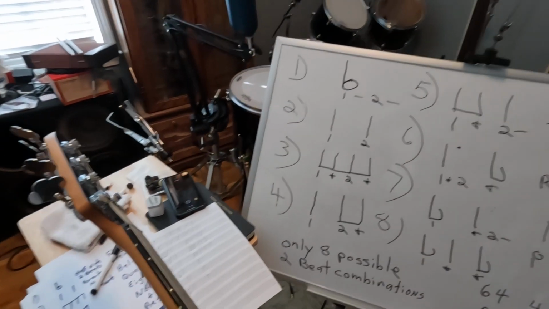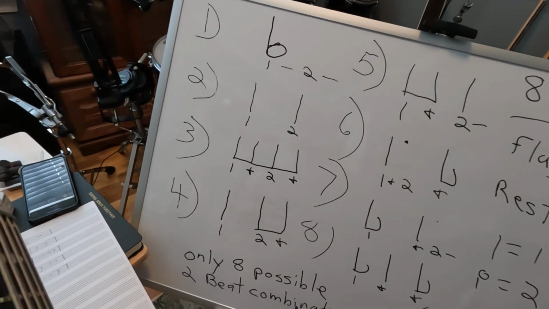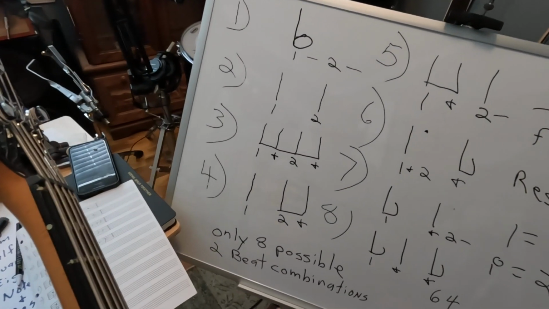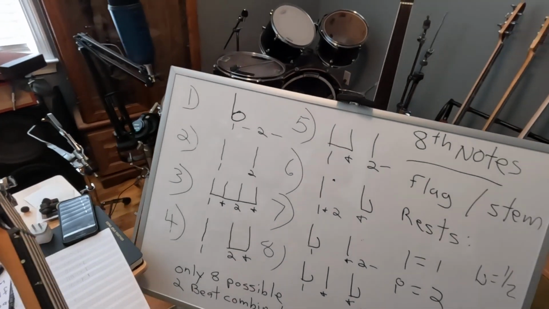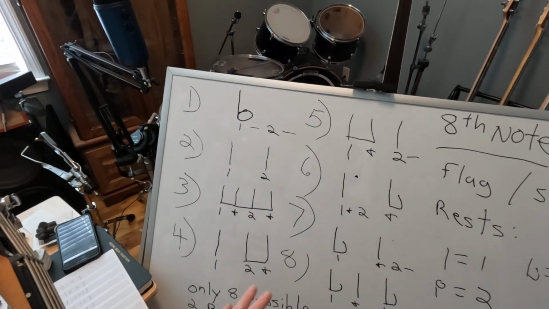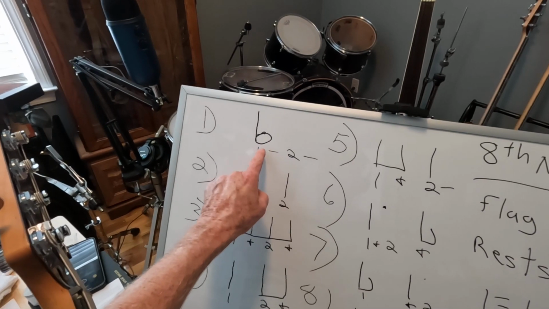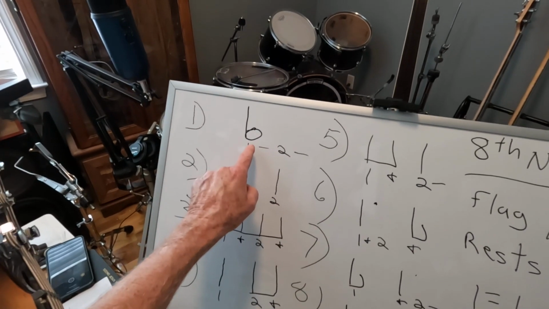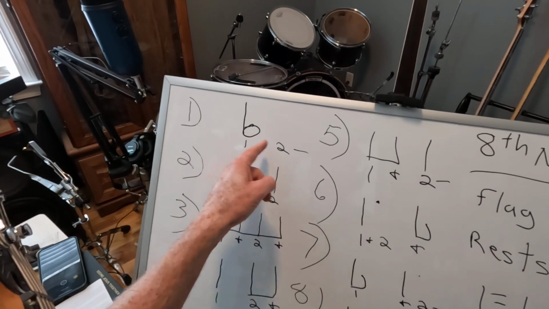say you wanted to combine 4, for most music is written in 4/4 time, so you've got to have 4 beats per bar for that. So let's say you would combine one of these with another one of these. So let's say you combine number 1 for 2 beats and another number 1 for 2 beats.